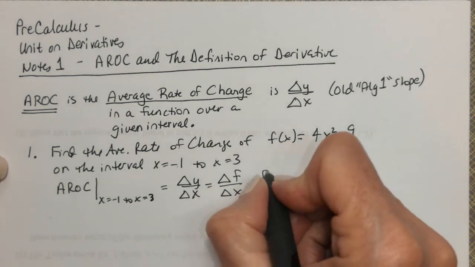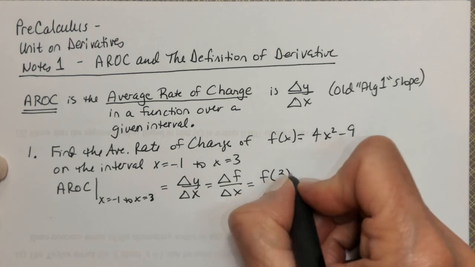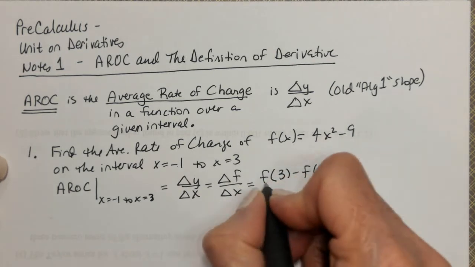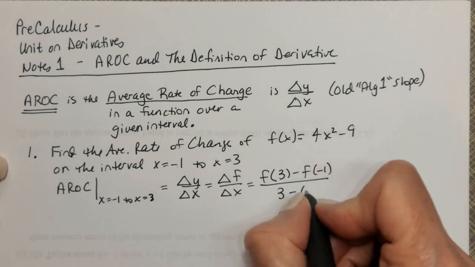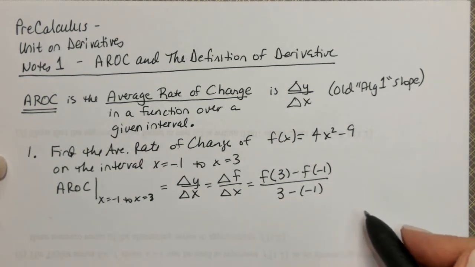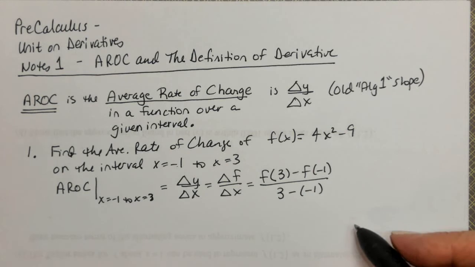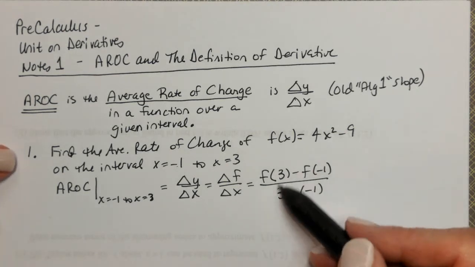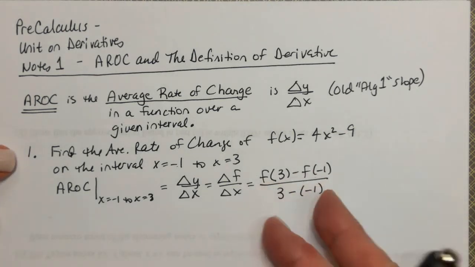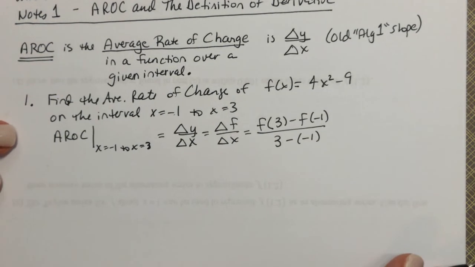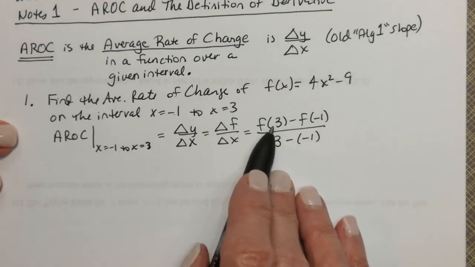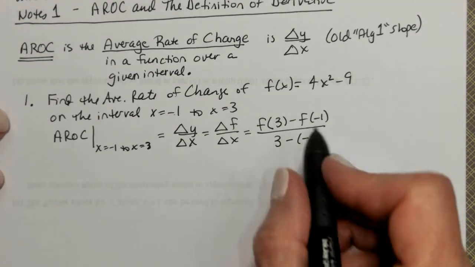So this will be f at 3 minus f at negative 1 divided by our difference of the x's, 3 minus negative 1. Of course, just like it was when you were in Algebra 1, you're welcome to switch these and make it f of negative 1 minus f of 3 over negative 1 minus 3. Either one is fine. I usually go with my larger x value first, but either one is definitely fine.